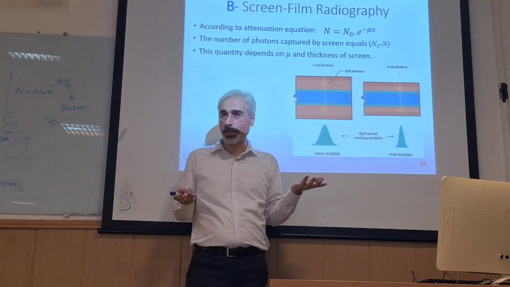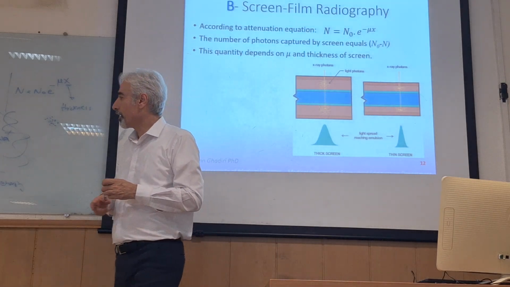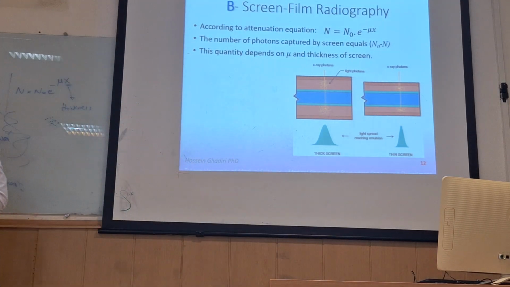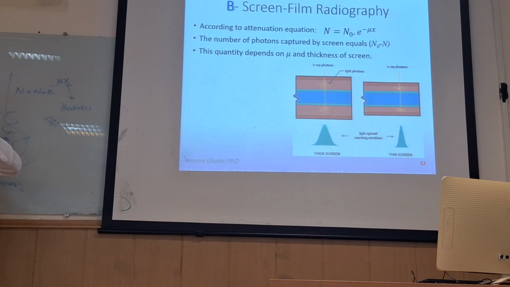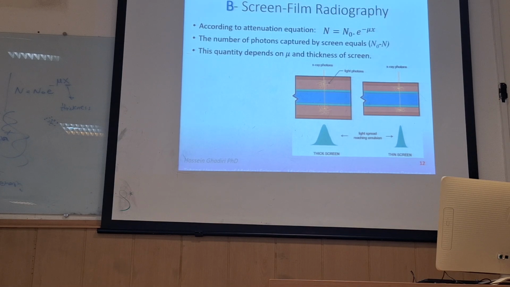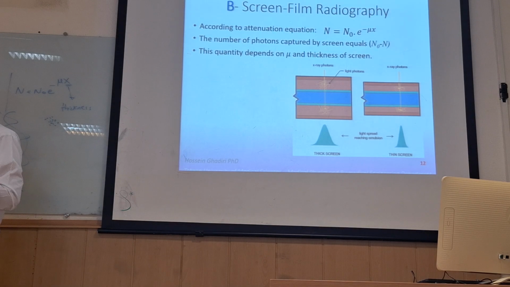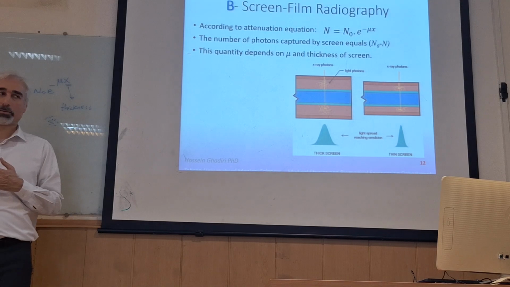Why do we use the screen? Because the film has a very thin thickness, and most of the X-ray photons pass through it, and most of the information is missed. We add a screen because we want to absorb more photons, because all photons have information.